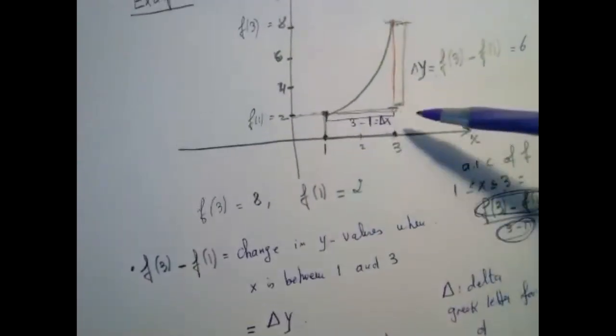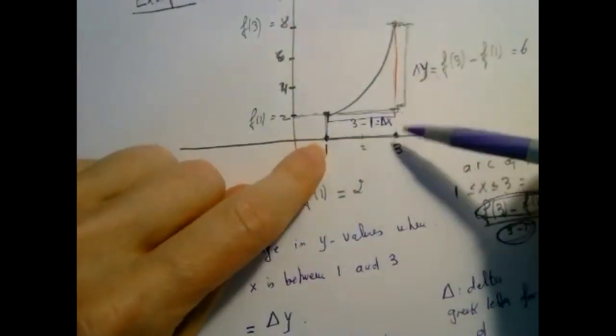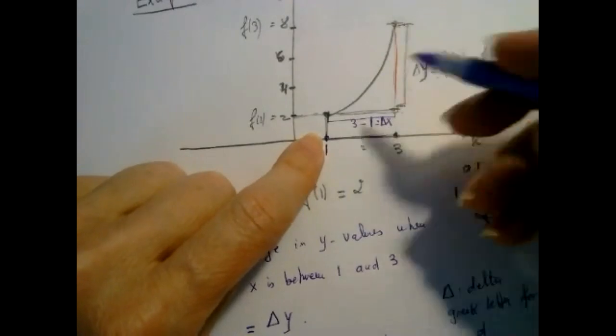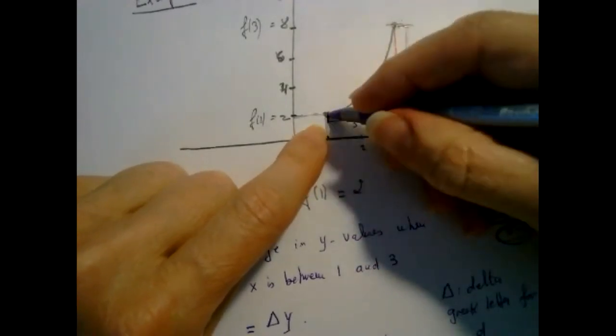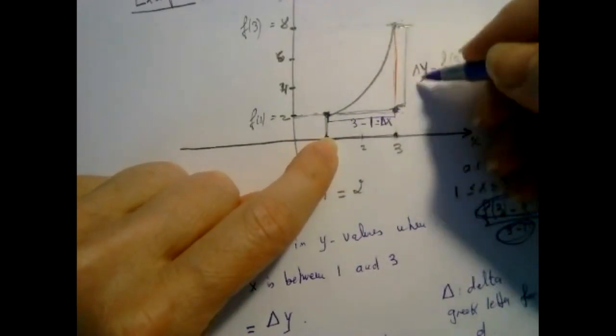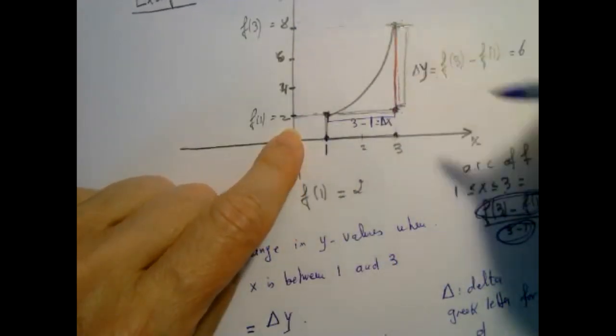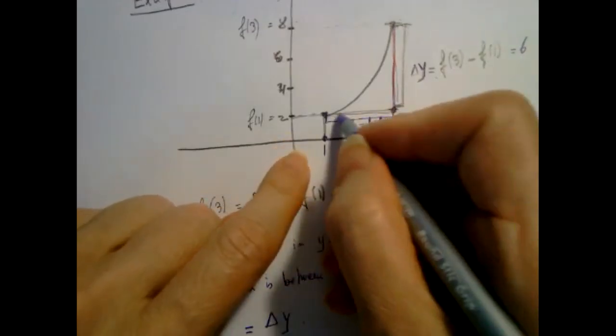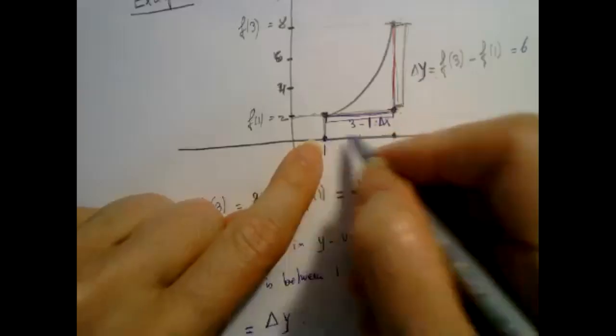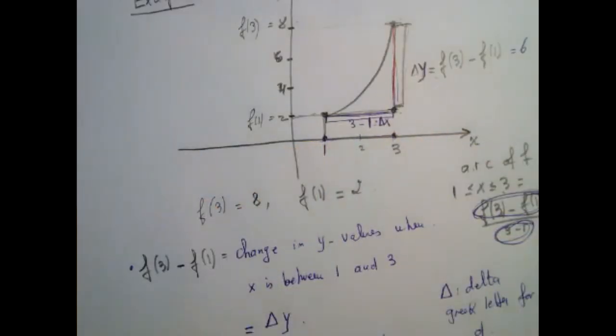I go back to my picture. When x goes from 1 to 3, so the input increases, my output was at 2, then it's at 8. So f of 3 minus f of 1 is telling me how much my output changes, and the 3 minus 1 is telling me how much my input changes when I go from 1 to 3.